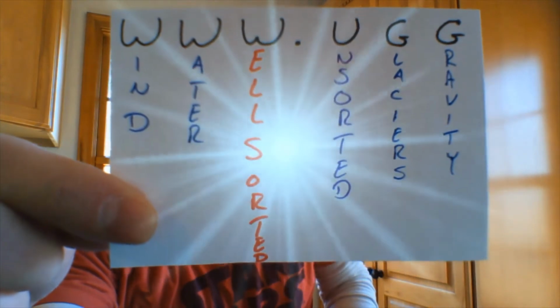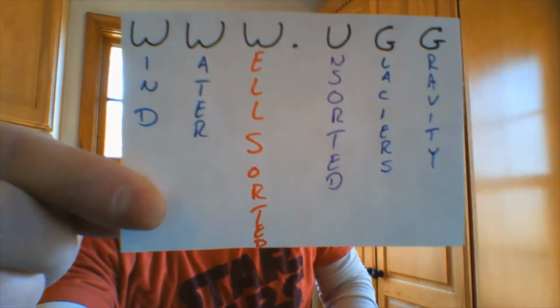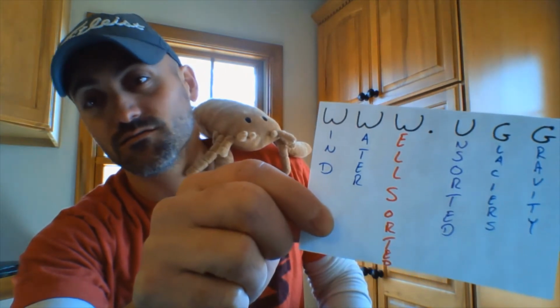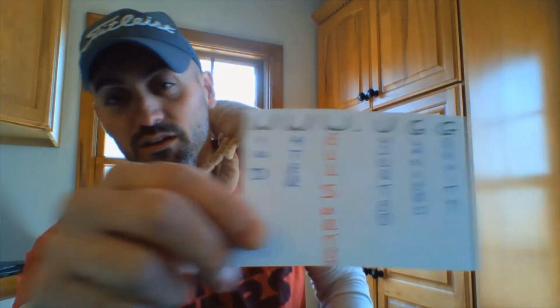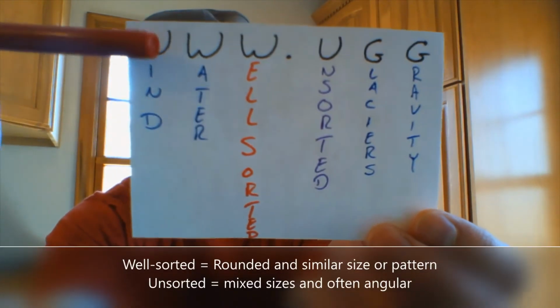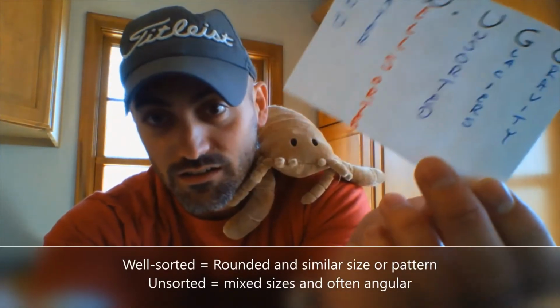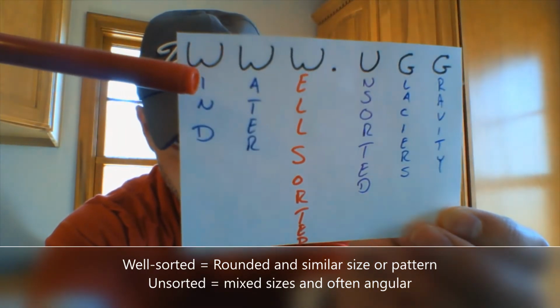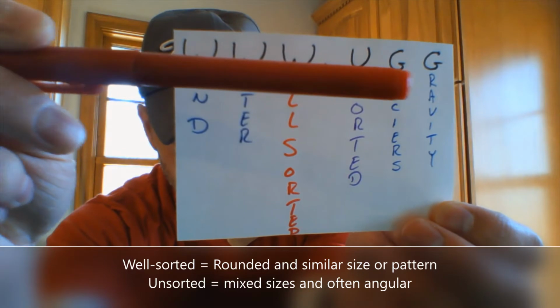It's okay. Wind and water, well sorted. Unsorted, glaciers and gravity, my absolute favorite website. Don't try to go to it. It's not a real website. So this is the way to keep all of these facts and agents of erosion.